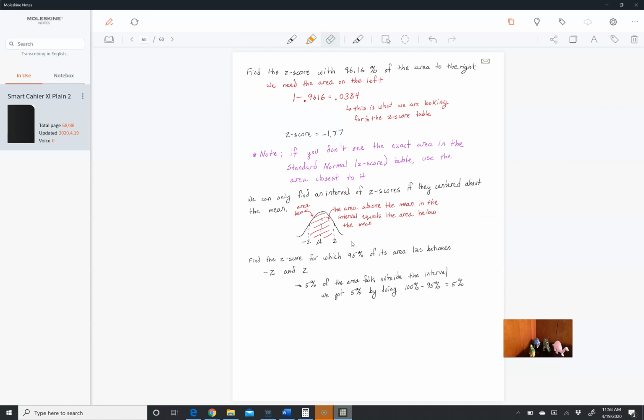So that's the second thing that we know. So half of the 5% is to the left of negative z, and the other half is to the right of z.